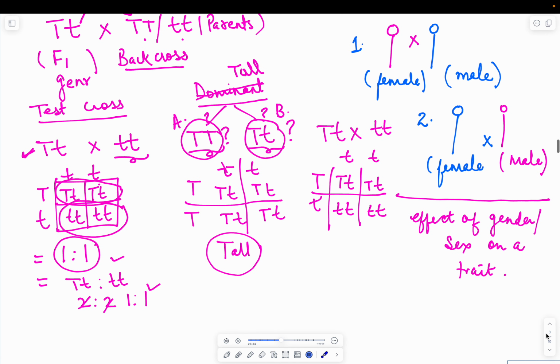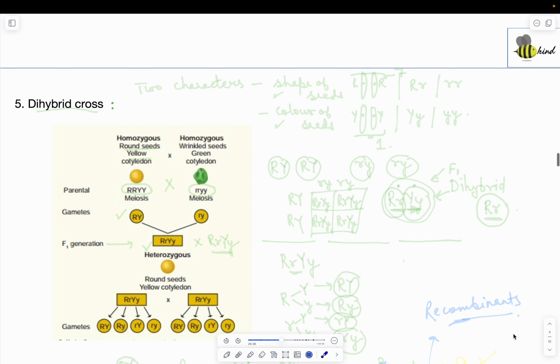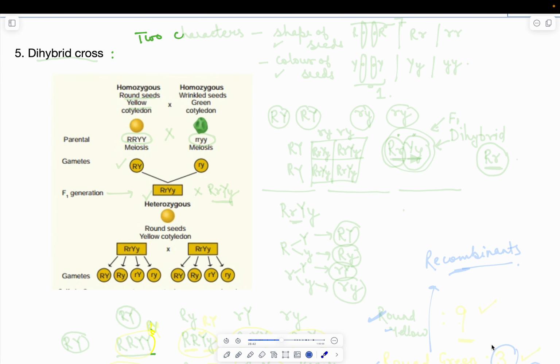So in the next type of cross, the dihybrid cross, Mendel considered two characters together. One character was the shape of the seeds and the second character was the color of the seeds.